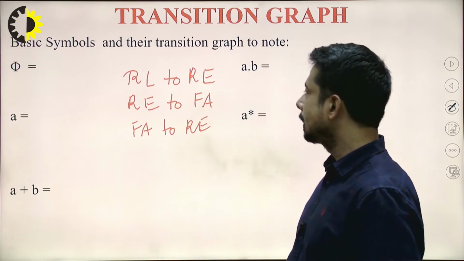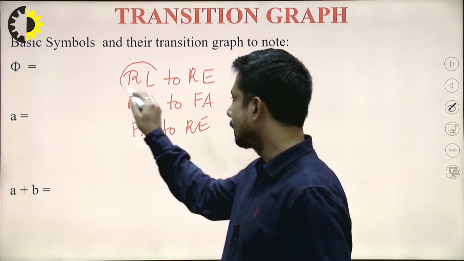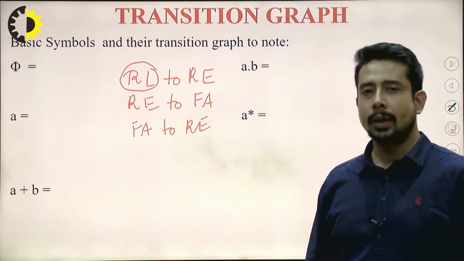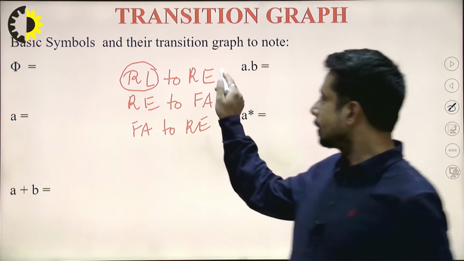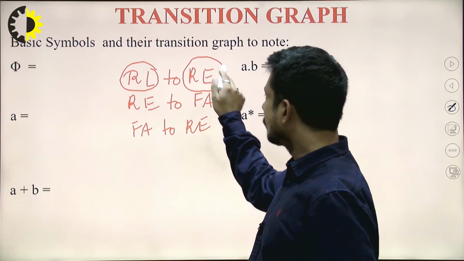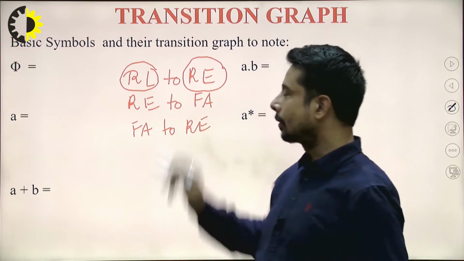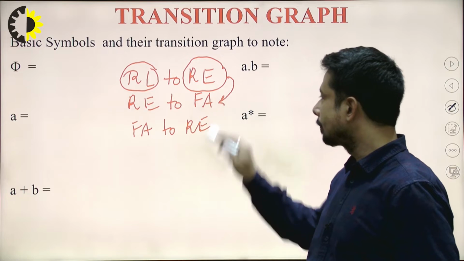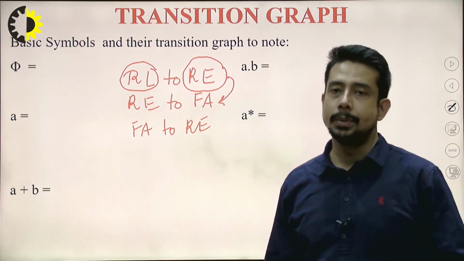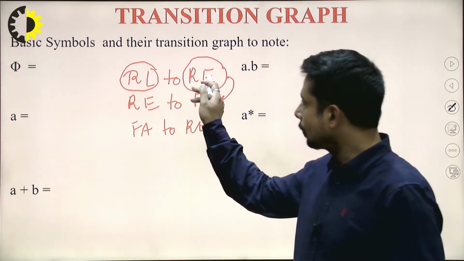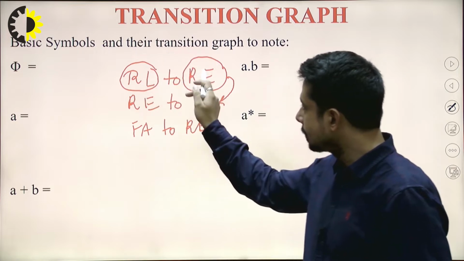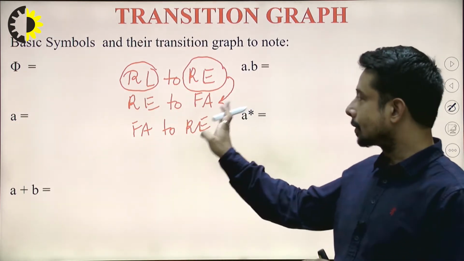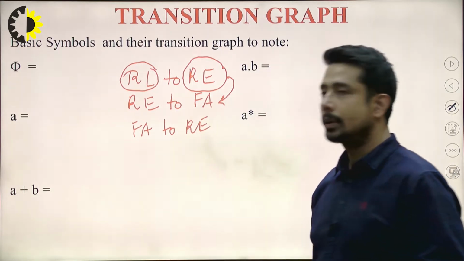Suppose you have a regular language and you are not able to analyze what the finite automata for it will be. If we know how to express that language definition as a regular expression, and from that regular expression I am able to design a finite automata, then my problem will be solved. So this is a way of representing a language, and from this representation, we can get a finite automata as well, and also vice versa. From the finite automata, we can also find the regular expression.